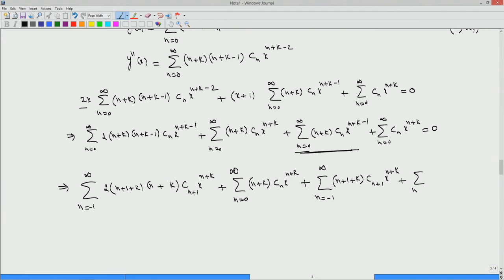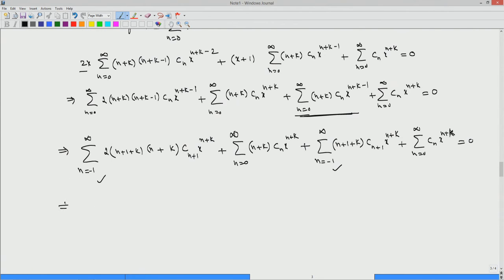plus this, which is as it is because it is already in the powers of x^(n+k), equal to 0. Okay. So, 0 to infinity it is common, and n equal to minus 1 here are the only isolated terms.